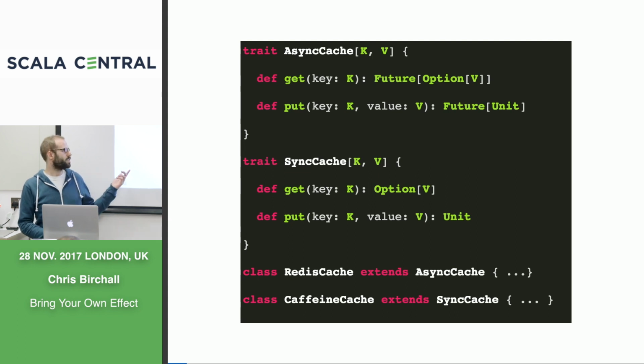One that was backed by Redis would be an async cache and return futures, and one that was backed by Caffeine would be a sync cache and would just return things as is, not wrapped up in a future. But then you have 2 APIs that you have to deal with, which look very similar, except that one involves futures and one doesn't.